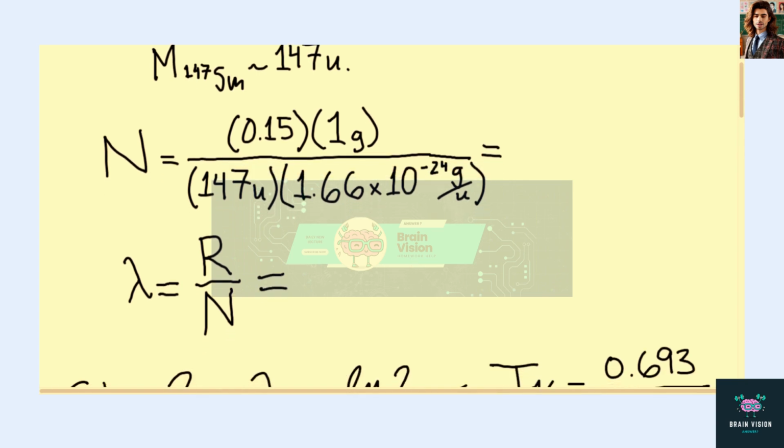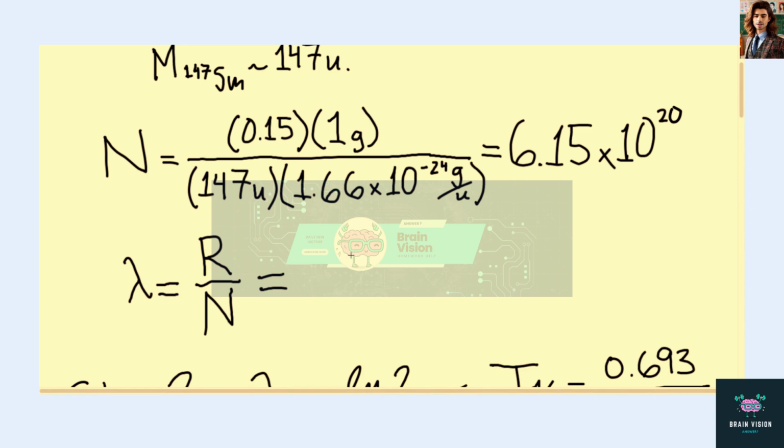Doing that, we find that there are 6.15 times 10 to the 20th nuclei present in the sample.